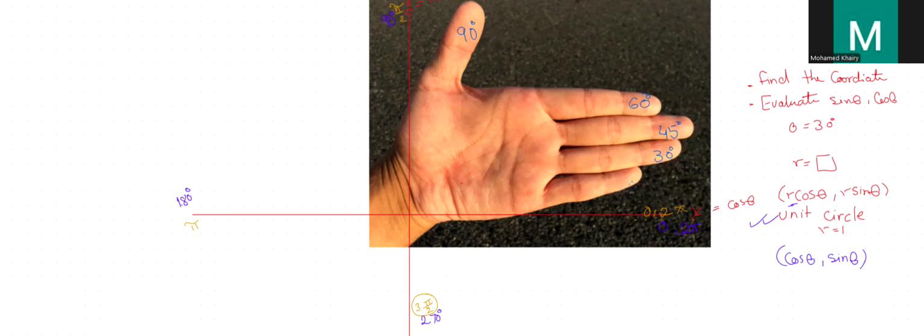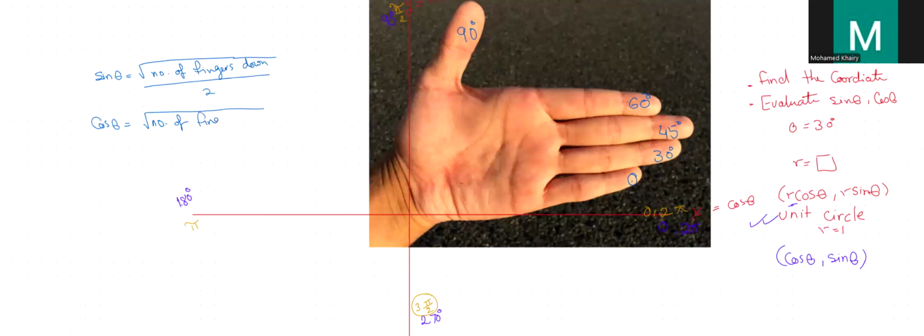So what is sine? What is cosine? Sine theta equals radical number of fingers down over 2, okay? And cosine theta equals radical number of fingers up over 2.